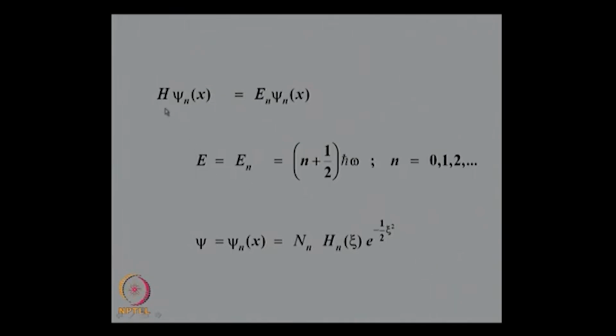So, you solve this eigenvalue equation and you find that for the wave function to be well behaved, we will do this in detail, the energy eigenvalues are n plus half h cross omega, and the corresponding wave functions are the Hermite Gauss functions.